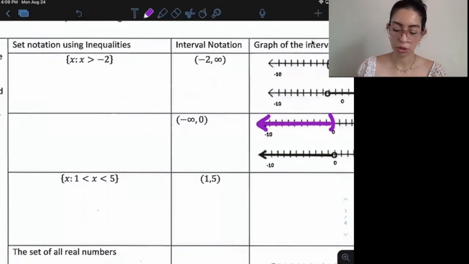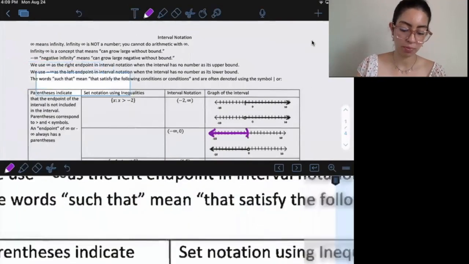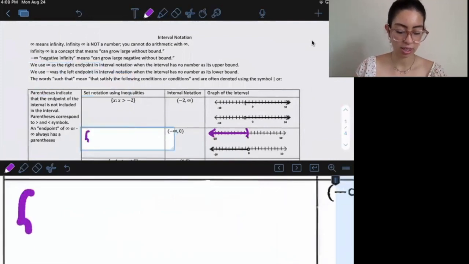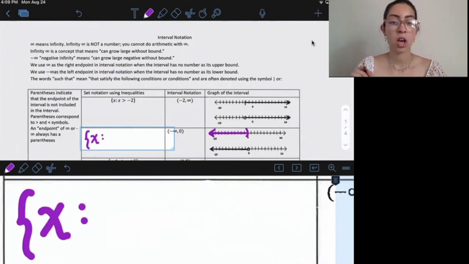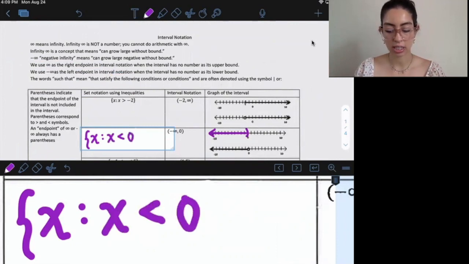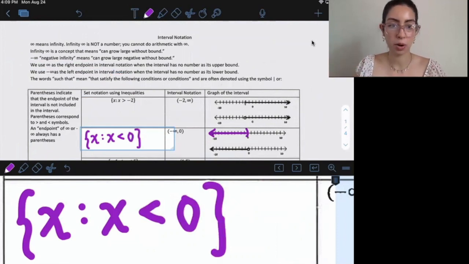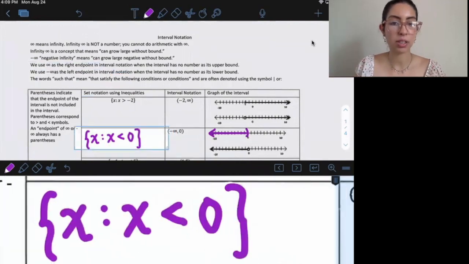We will start the set with the curly bracket, and this is the set of x such that x values are all less than 0. So we'll say x is less than 0. It's not equal to, it is open at 0. That is our set notation.